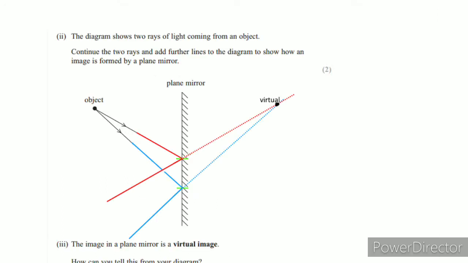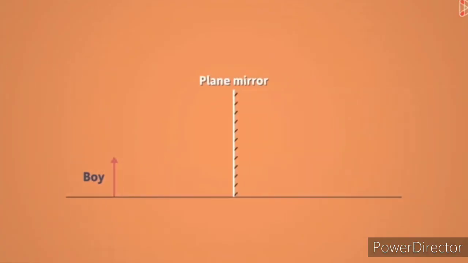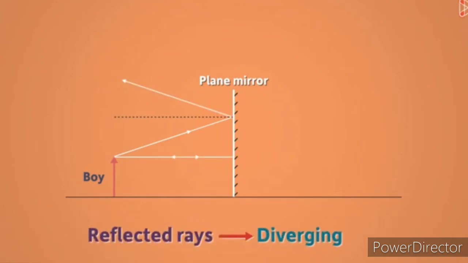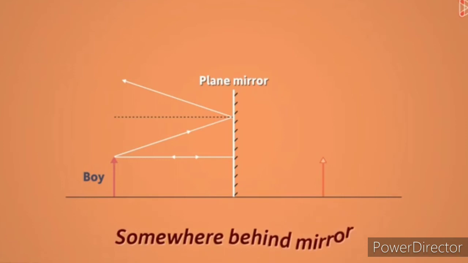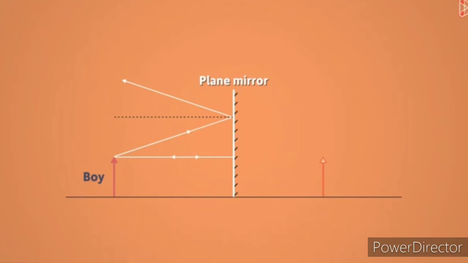For us, the light rays seem to come from a location behind the mirror. For instance, consider a few light rays emerging from the top of the arrow. All these rays are incident on the mirror and get reflected back. All the reflected rays follow the laws of reflection. You see that all the reflected rays are moving away from each other, that is, they are diverging.